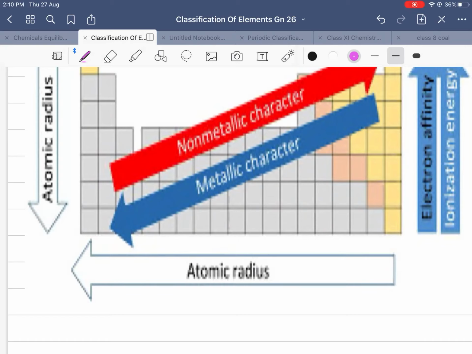Metallic oxides are generally basic, and most oxides of non-metals are acidic. As the metallic character of the elements increases from top to bottom in a group of representative elements, the basic character of the oxides also increases from top to bottom.